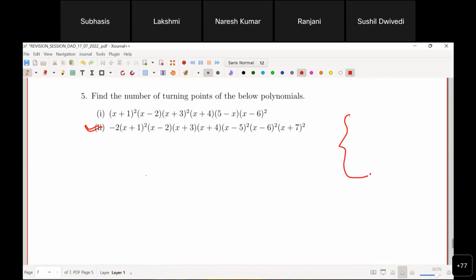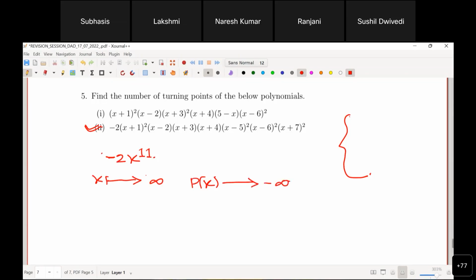So the leading term is -2x raised to 11. Yes. So as x tends to infinity, f of x tends to -infinity. Correct.